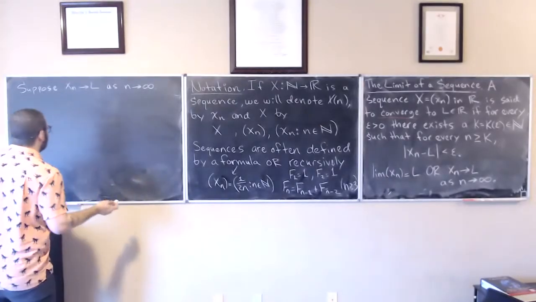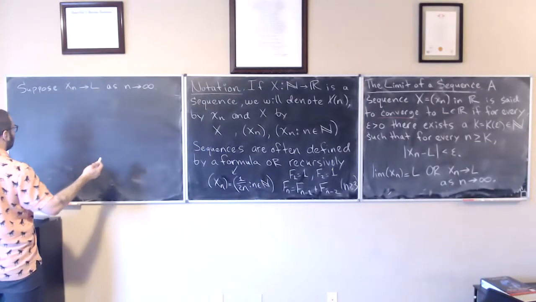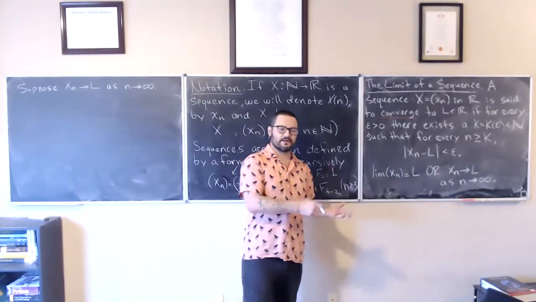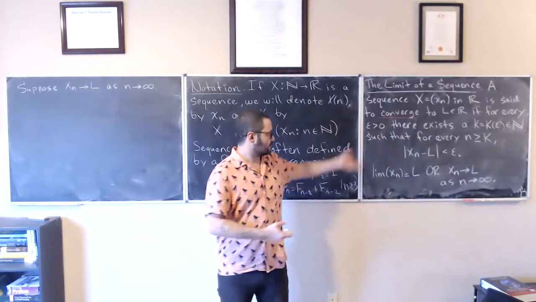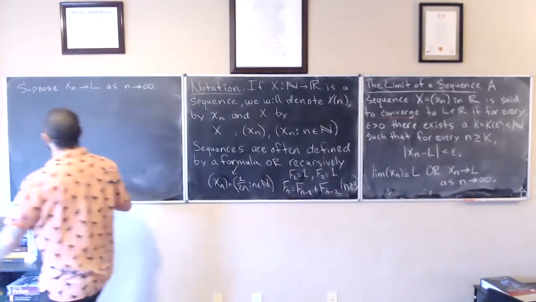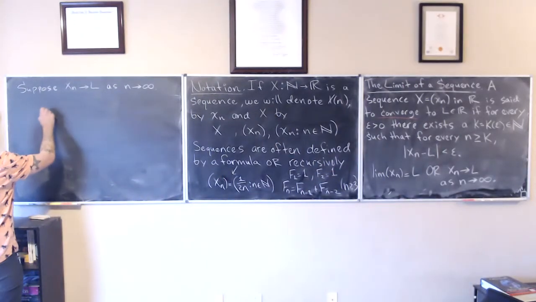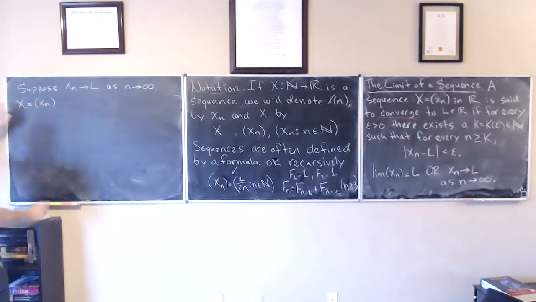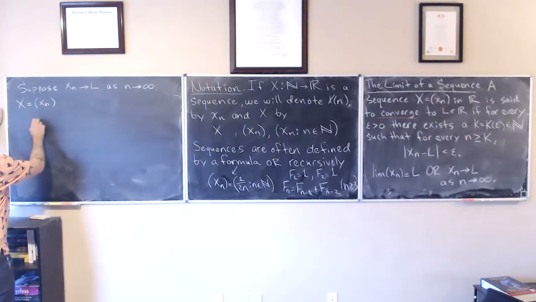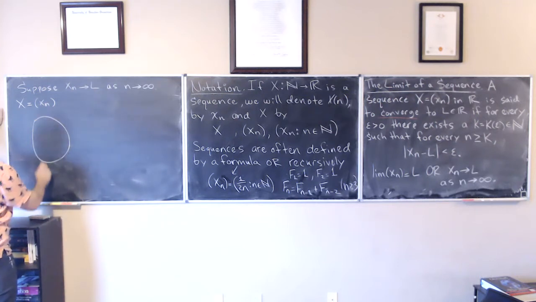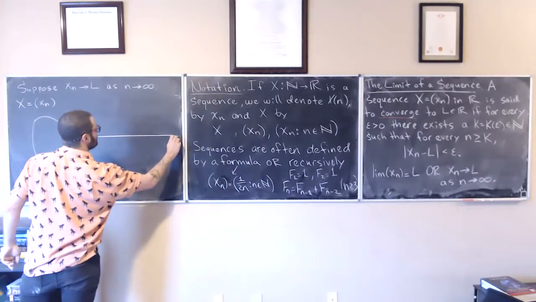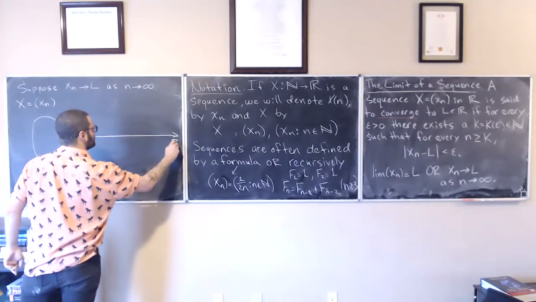So, okay, now what is a sequence? A sequence is a function whose domain is the natural numbers and whose codomain is some set of real numbers, right? So if we denote our sequence by x, we have all of the natural numbers right here, and then we have the real numbers over here.